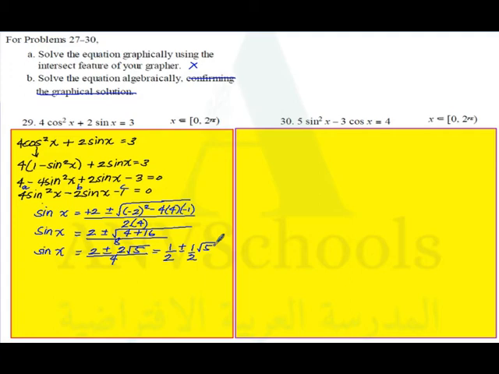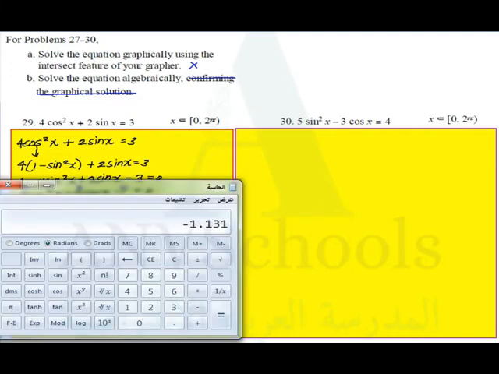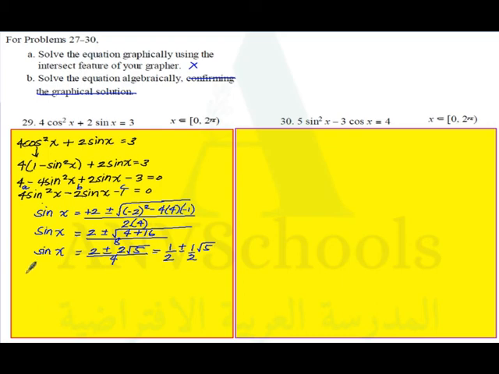So you have two values here. We have sine x is equal to 1/2 plus 1/2 square root of 5, or sine x is equal to 1/2 minus 1/2 square root of 5.